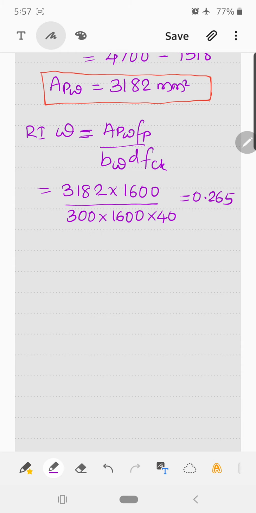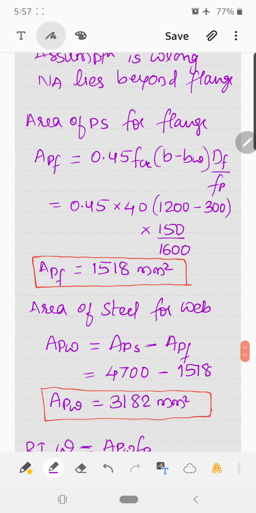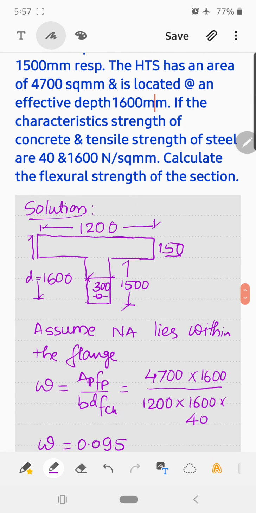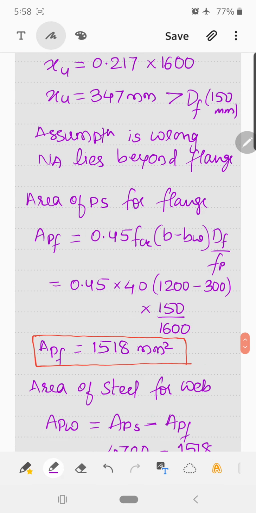Now for this reinforcement index 0.265, we need to decide whether to refer table number 11 or 12. Is it pre-tension or post-tension? This is a problem of pre-tension.